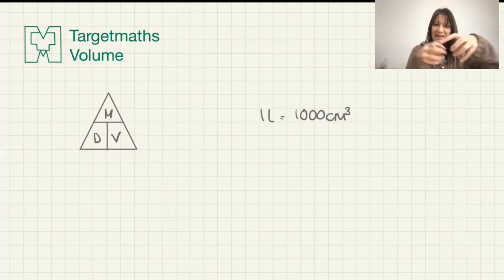So volume is the space inside a 3D shape, and the liquid is filling the space inside a 3D shape. So it's still volume, but I cannot convert whatever it is to litres unless I'm in centimetres cubed. So if they give me the question in meters, I've got to remember to change it, because I'm going to need to do my litre conversion using centimetres cubed.